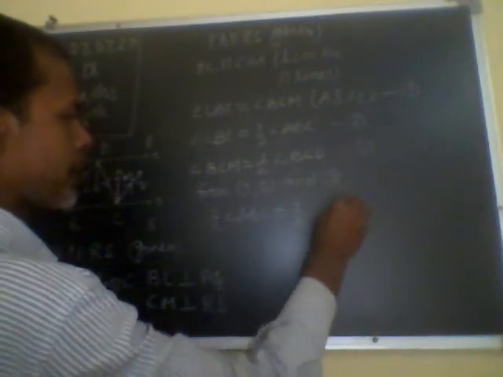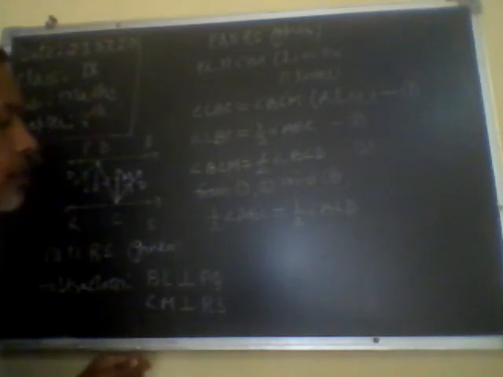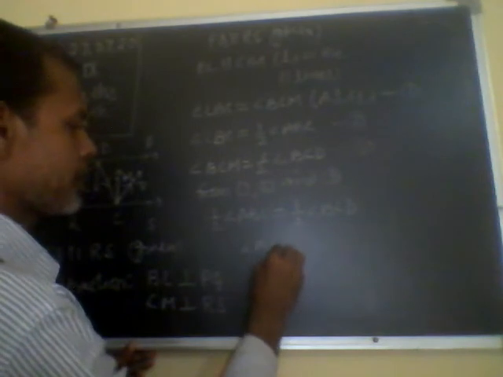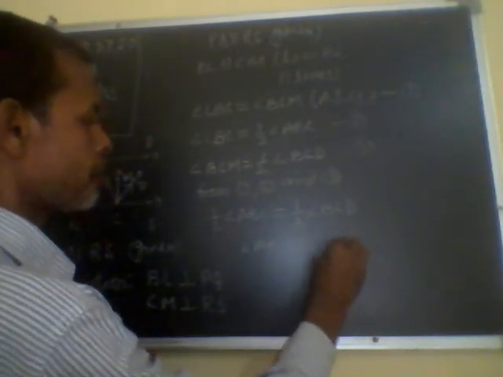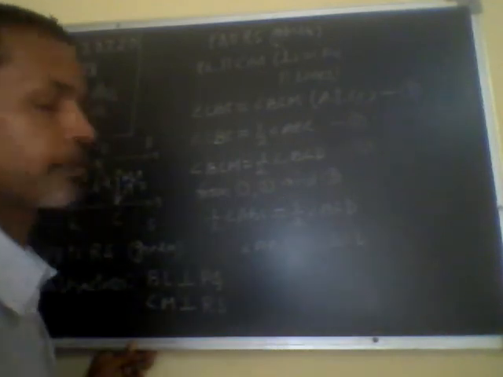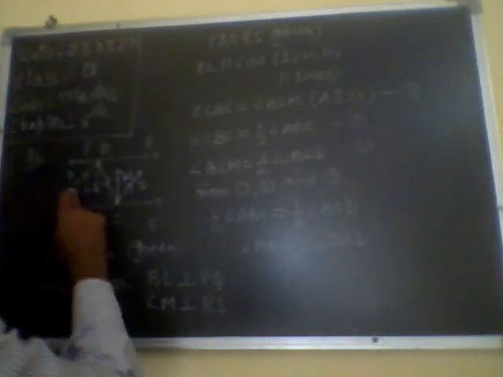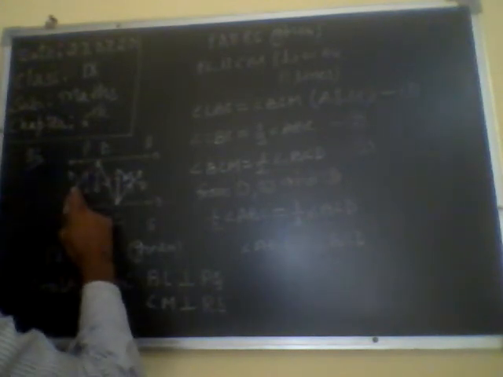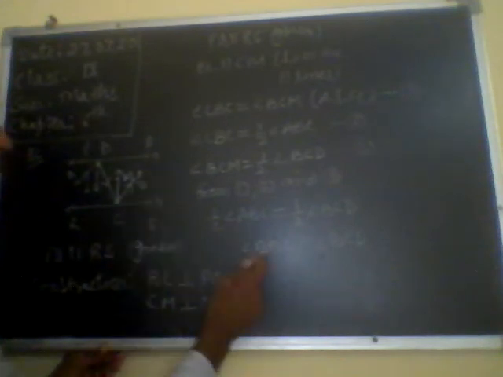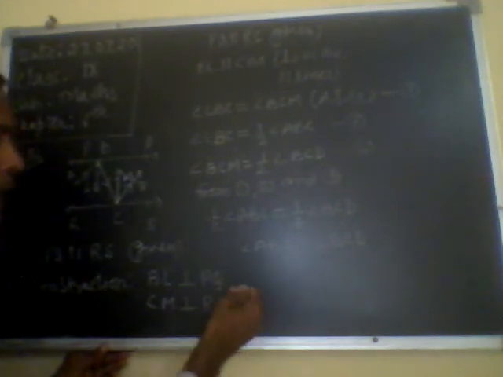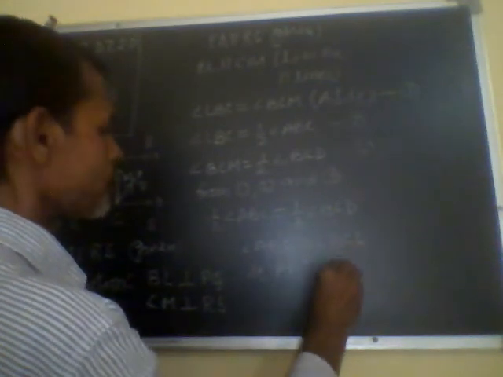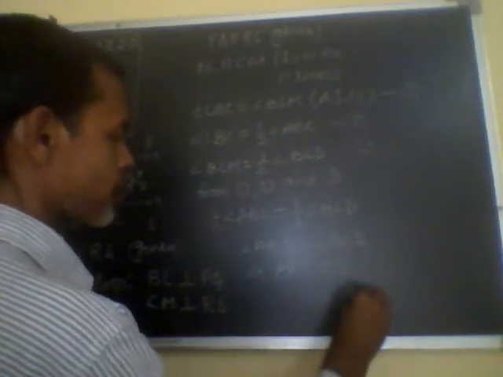Half divided by half, that's why ABC equals BCD. If angle ABC equals BCD, that means AB is parallel to CD, because alternate interior angles are formed. So AB parallel to CD, hence proved.